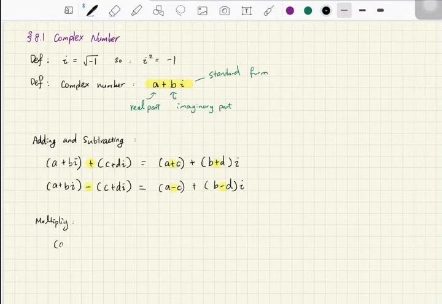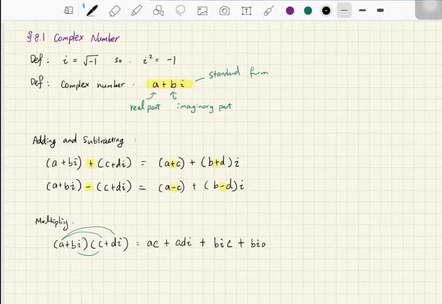So if I have a plus bi times c plus di, I will follow it as ac, drawing the lines, plus adi, plus bic, plus bidi.